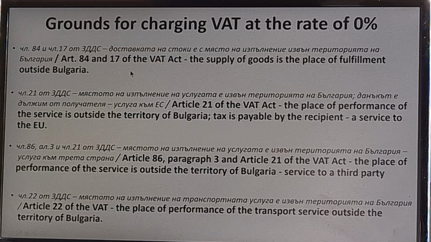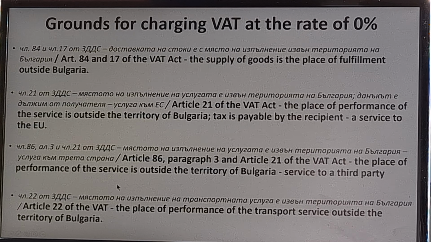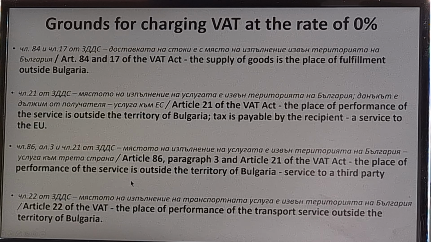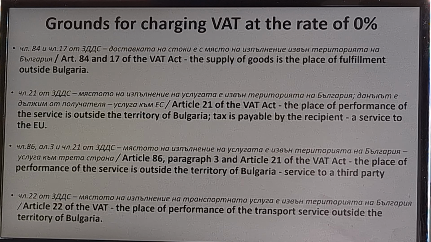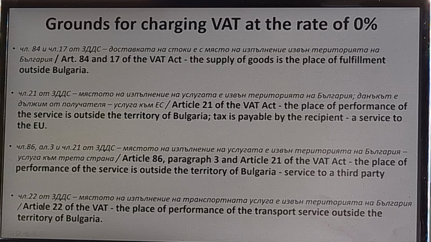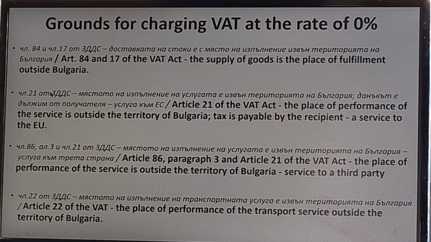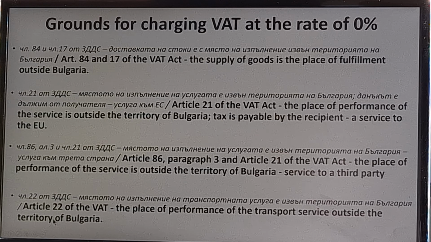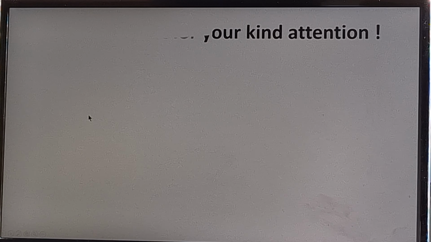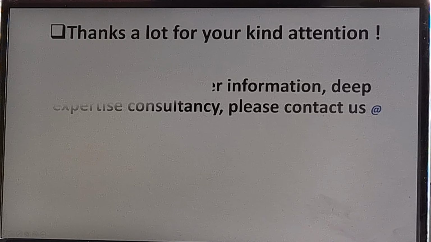You use it in export or inter-community delivery to say that you are not charging VAT in your invoice, and this will be done either by the customs house in the particular country, or by self-charge in the case of inter-community delivery by your recipients.